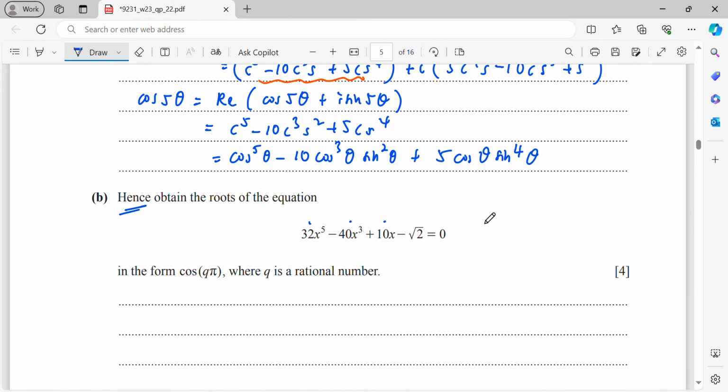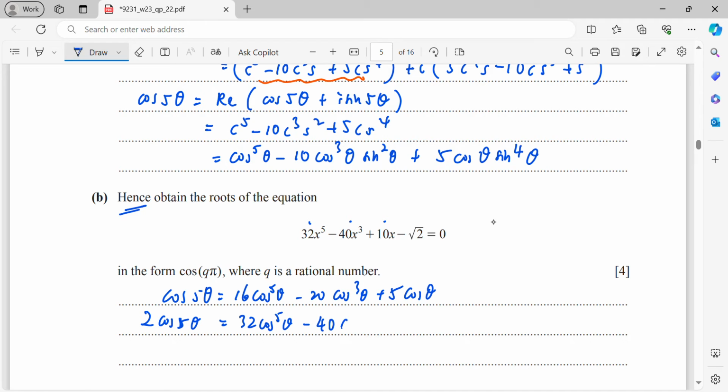So from here, I will copy back first: cos 5 theta equals 16 cos degree 5 theta minus 20 cos cube theta plus 5 cos theta. Now I multiply by 2 because the coefficients are doubled. So 32 cos degree 5 minus 40 cos cube theta plus 10 cos theta.